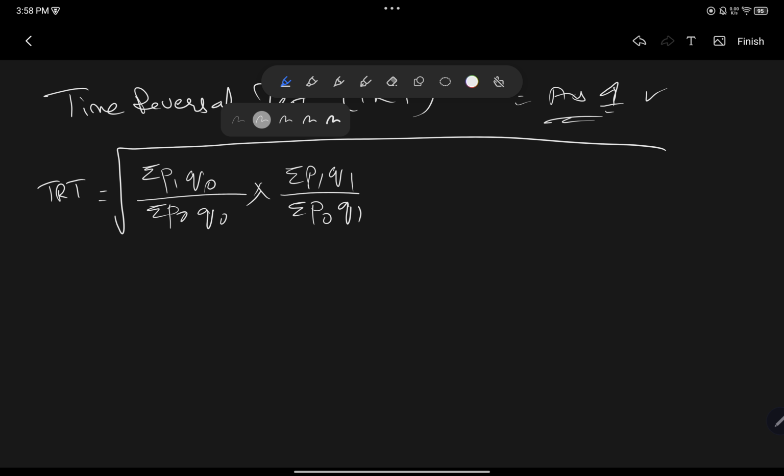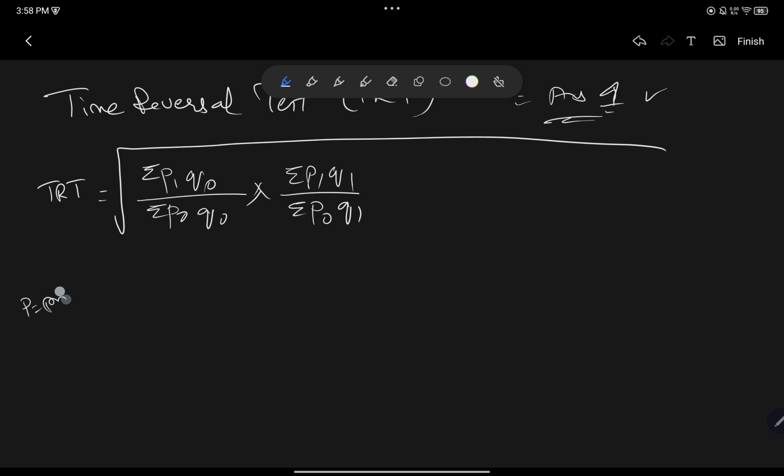But because it is a time reversal test, time means here 1 means current year, 0 means base year. So we need to change that. P means price, Q means quantity. I write it here if you don't know.